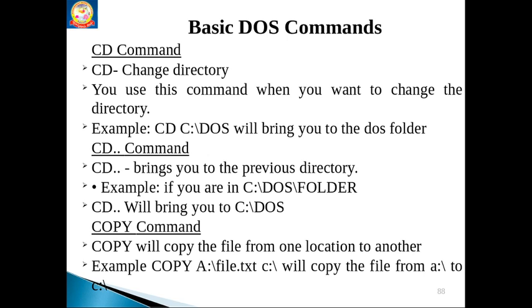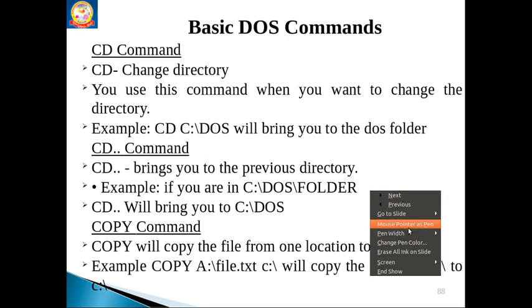See the example, cd c:\dos, meaning in the C drive there is a DOS folder. Suppose your current directory is within the DOS folder, in which you have created another folder, so you are presently at that folder. If you want to go back to DOS, you type cd dot dot at the command line interface, and it will bring you back to the previous directory.